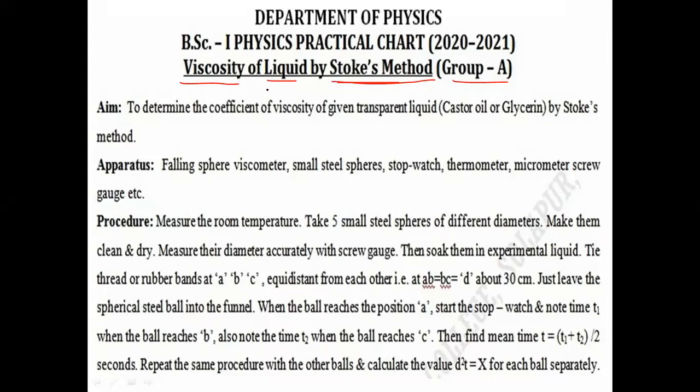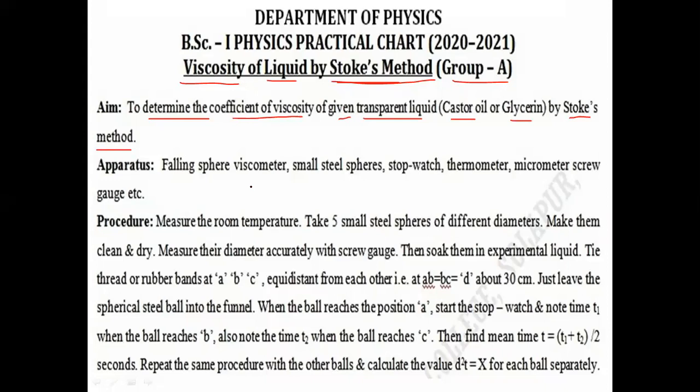So this is another property of liquid. The first property we discussed is surface tension by the drop weight method, and the second experiment for today is to determine the coefficient of viscosity of a given transparent liquid, for example castor oil or glycerin, by Stokes method.